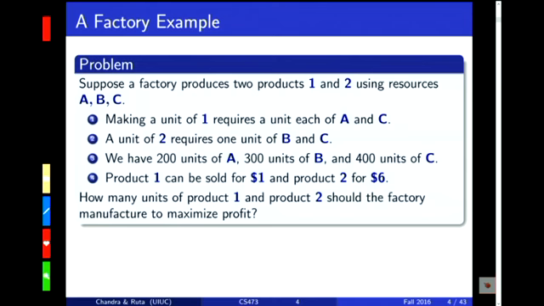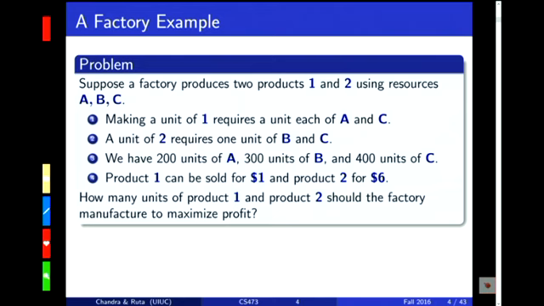How many units of product 1 should I produce, and how many units of product 2 should I produce? Simple question. Yes? 300 units of product 2 and 100 of product 1. Awesome. So he's saying 300 units of product 2 and 100 units of product 1.